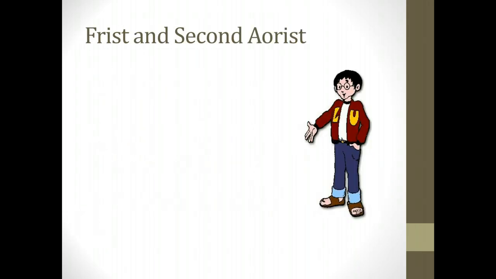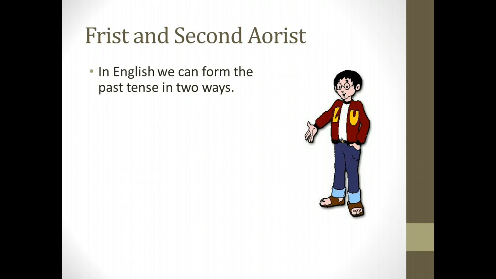Now, in the aorist tense, we're going to see that there are two different types of aorists, and it's not all that different from what we have in English. Because in English, we can actually form the past tense in two ways. We can simply say, "I jump" in the present tense, but if we want to make it a past tense verb, we simply add the letters ed on the end of the verb, and it no longer is "I jump," but it means now it is "I jumped," which means something that I did in the past.